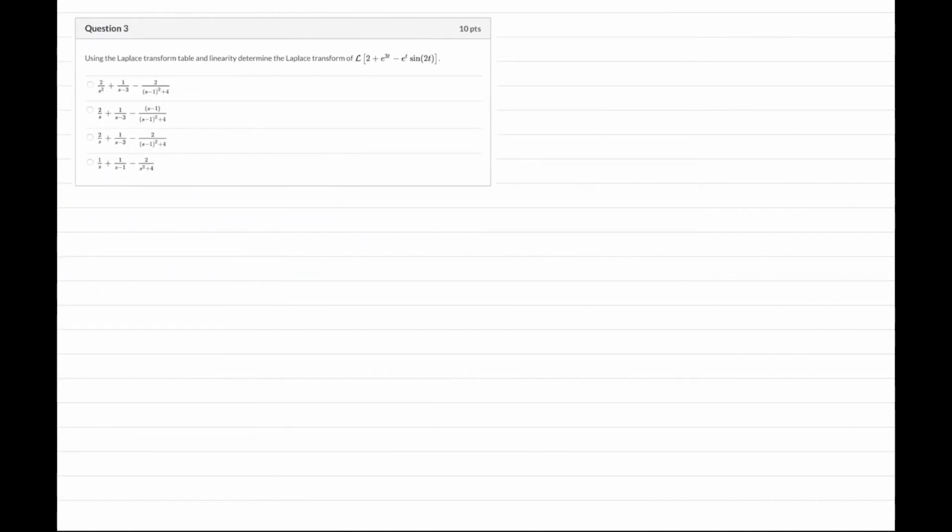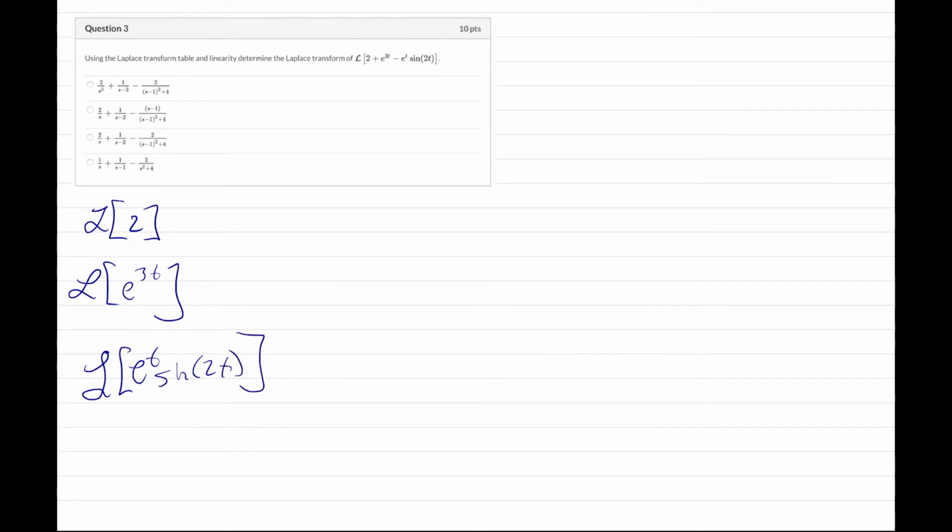Okay, number 3. If I use the Laplace transform table and linearity to determine the Laplace transform of this thing. So basically we need to figure out the Laplace transform of 2, the Laplace transform of e to the 3t, and the Laplace transform of e to the t sine of 2t. Right?